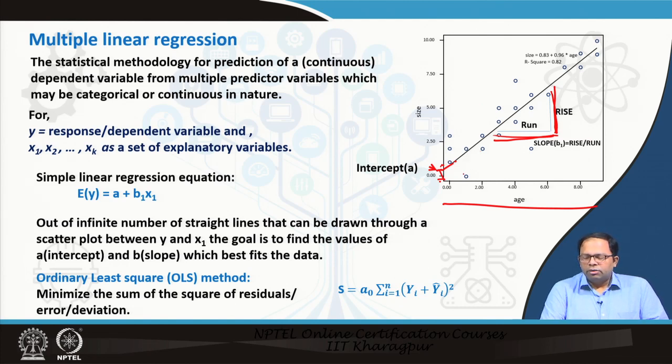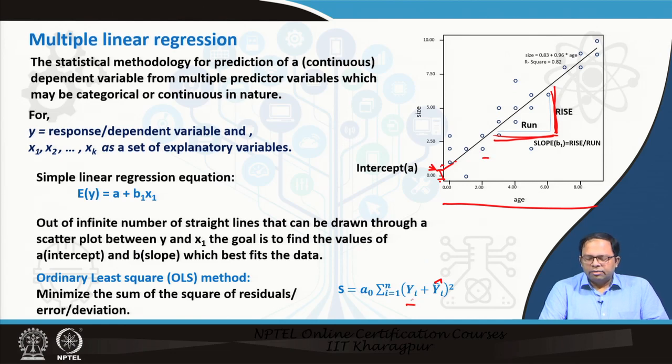Now, how do we do that? We do it by trying to minimize the sum of the squares of residuals or errors or deviations. What does that mean? For different values, we will have predicted values of y, like y hat, and we will have a difference with the actual value, for i equal to 1 to n for each of these points.